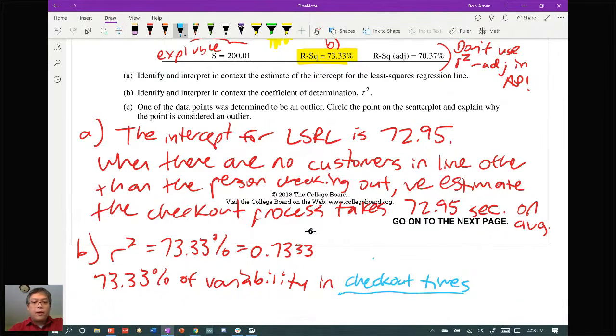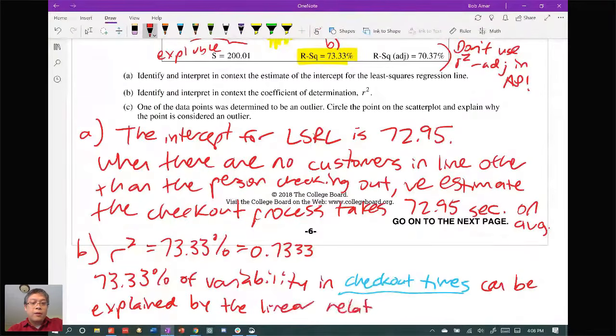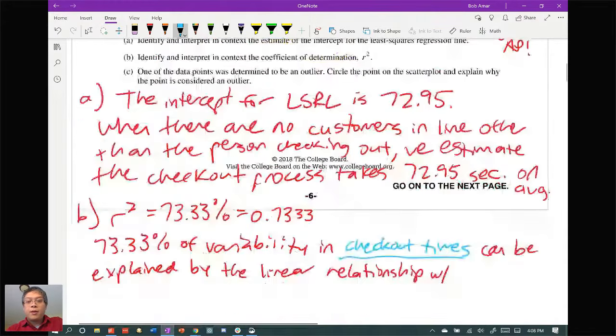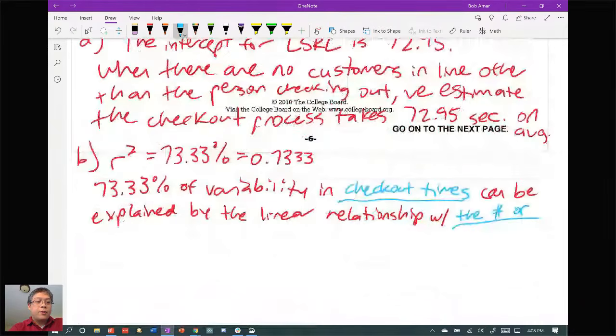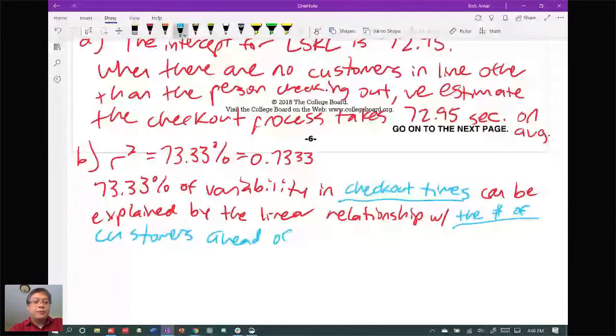All right. 73.33% of the variability in checkout times can be explained by the linear relationship with, and here's the other part where you insert something, this time you insert the explanatory variable: the number of customers ahead of a person in line.